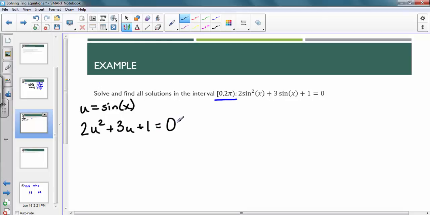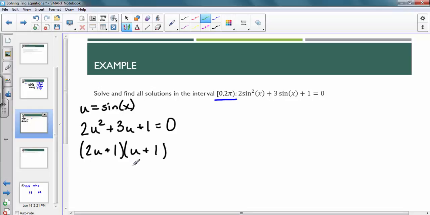But now rewriting it like this allows me to see how I can factor this. 2u, I have a u here, so that when I multiply the first two terms, I get this 2u squared. Then I have to have a plus 1 here, so plus 1 plus 1.